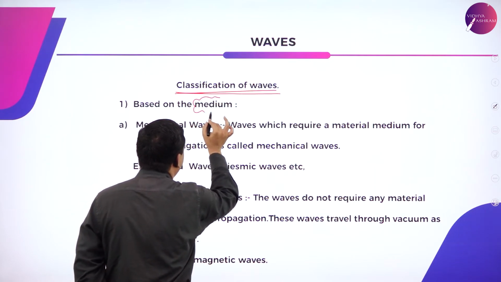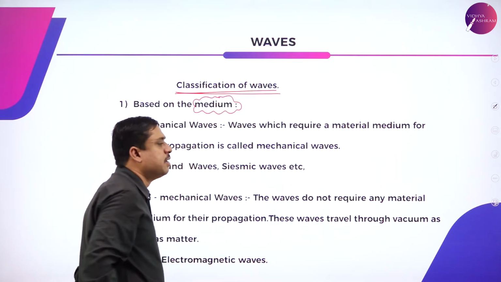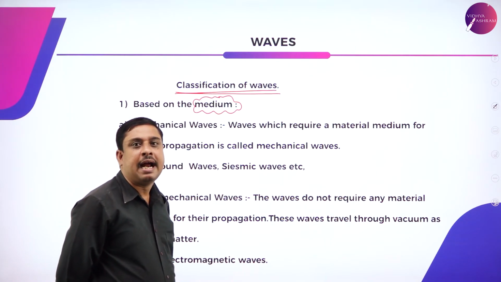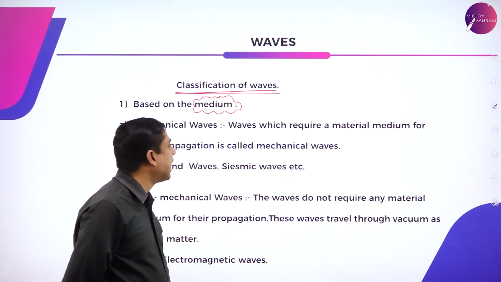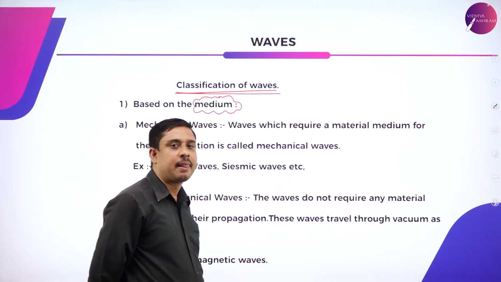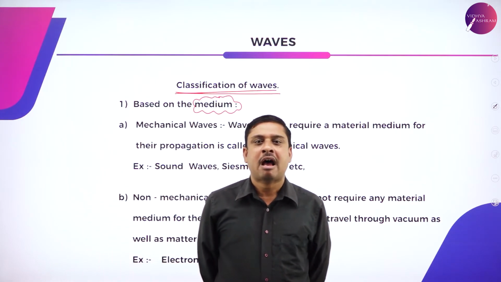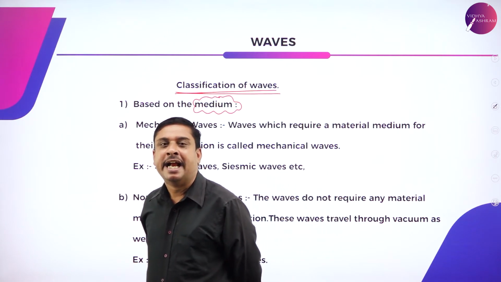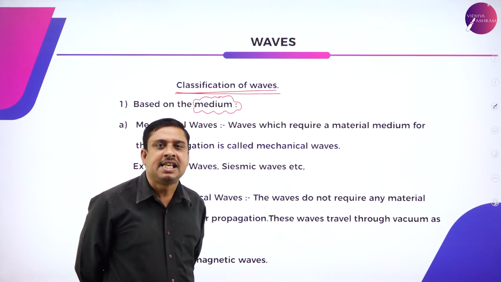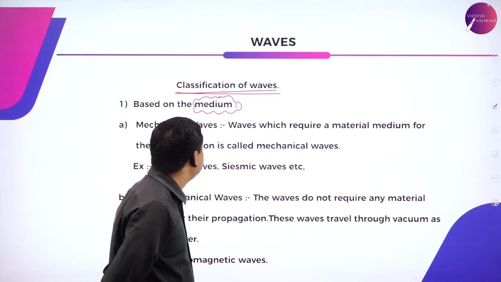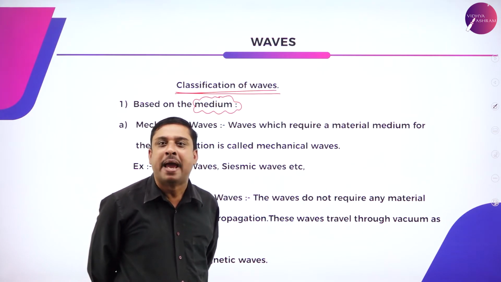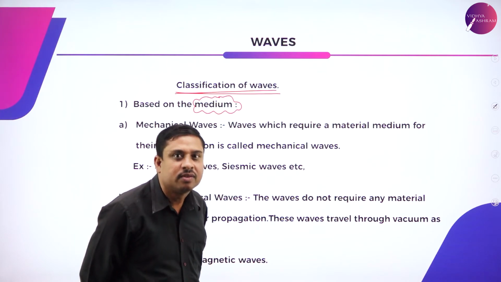The first parameter is based on the medium, and the second parameter is based on vibrations. So waves are classified into two types. First, classification based on the medium. Second, classification based on vibrations.